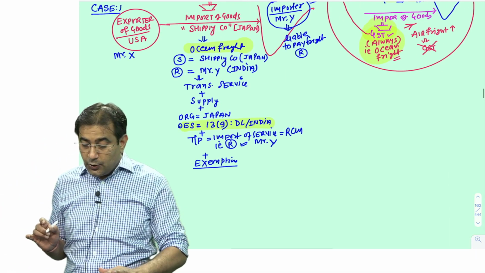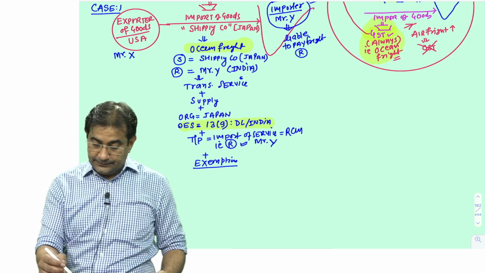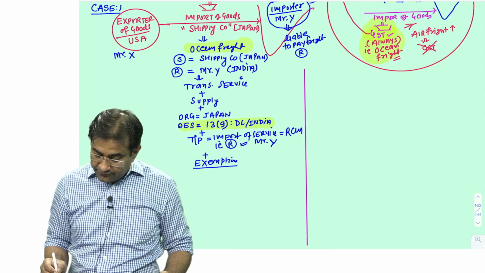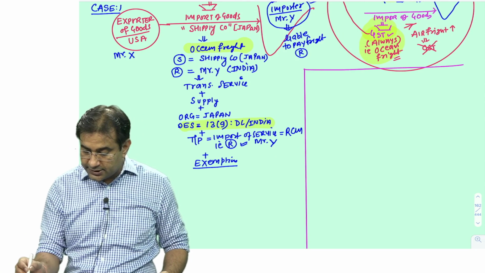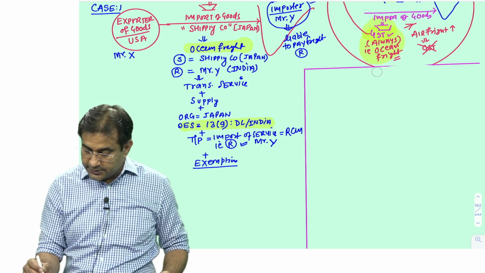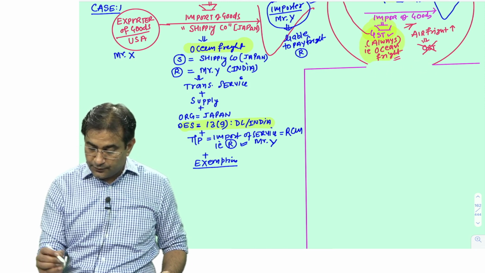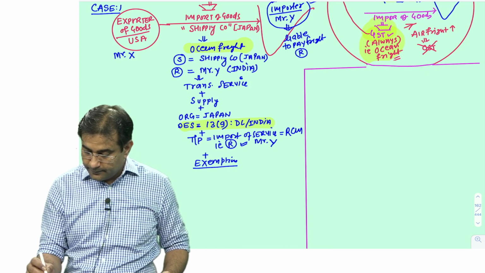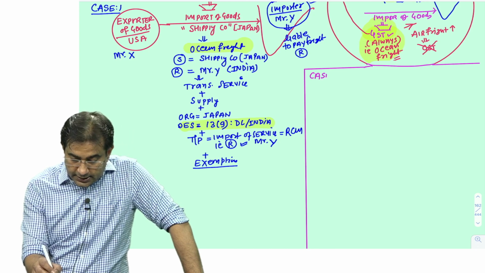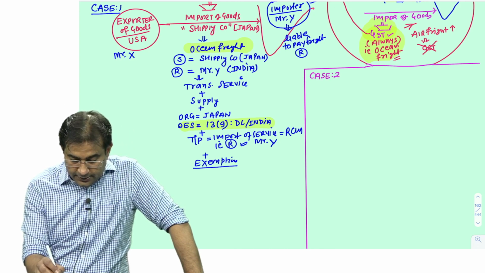Now, look at the second scenario, which I am going to discuss with all of you. Okay, sir, no issue at all. Let's move on. Yeah, our case number 2 is here. Case number 2, my dear.